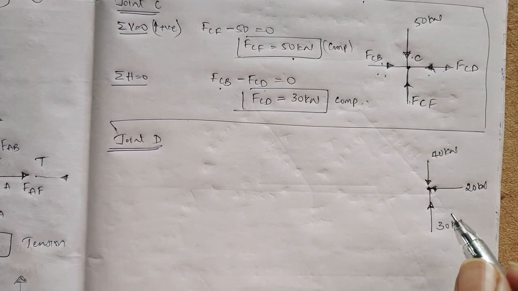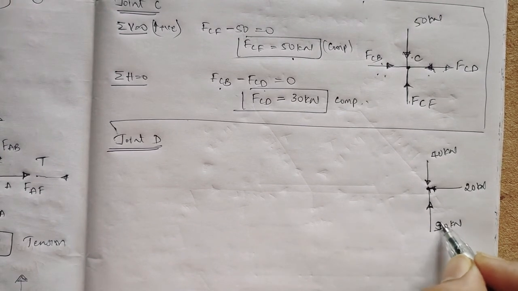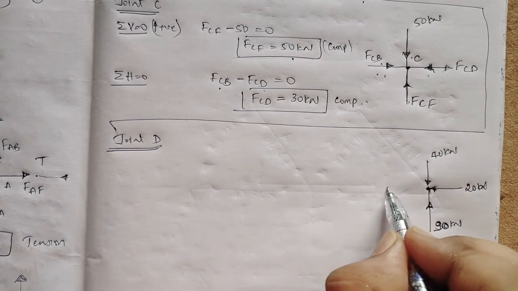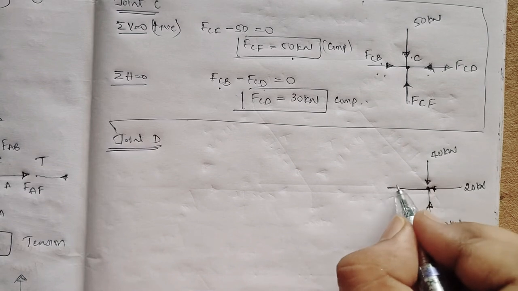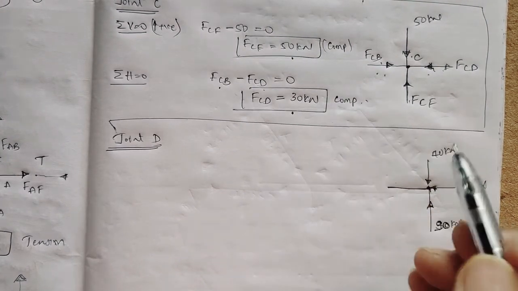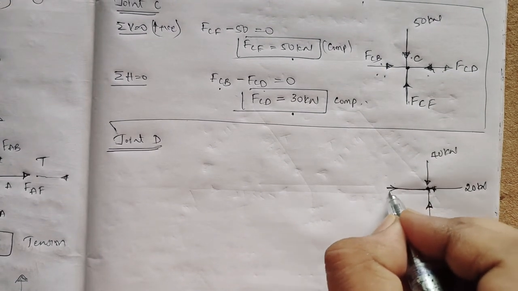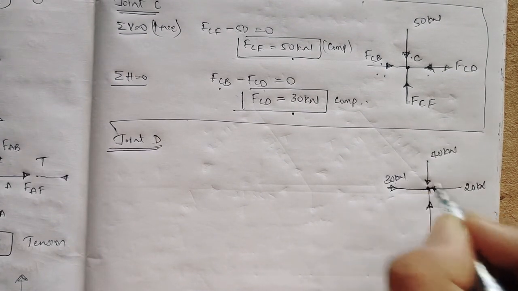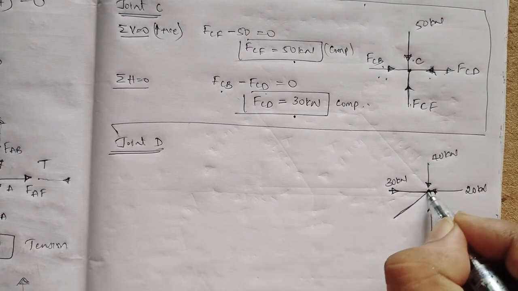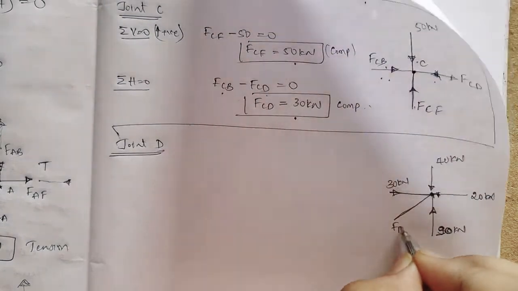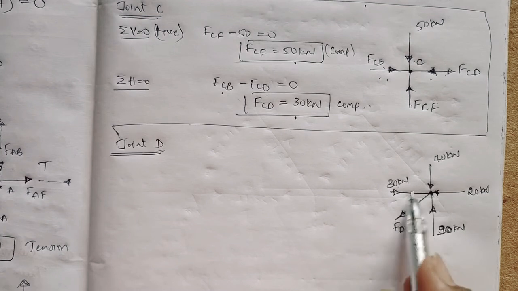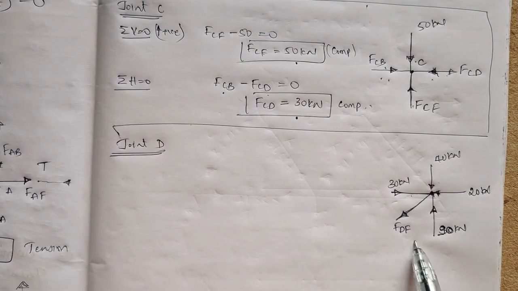Now RE is 90 kilonewton. Here one force is there, suppose I don't know which force it is. I'll recheck afterwards. So another inclined force I have to find, that is FDF.